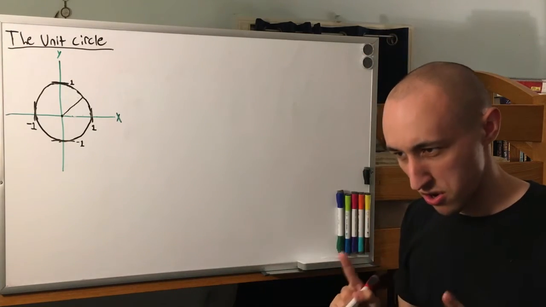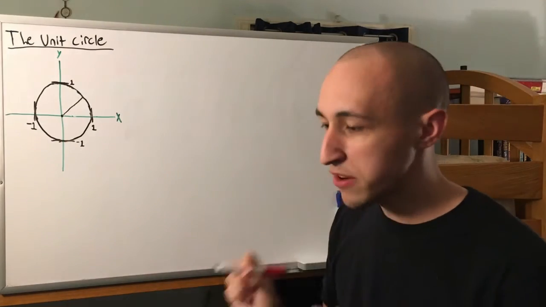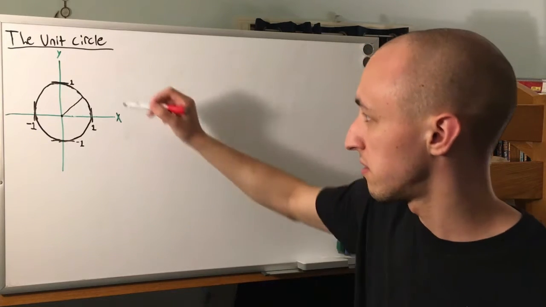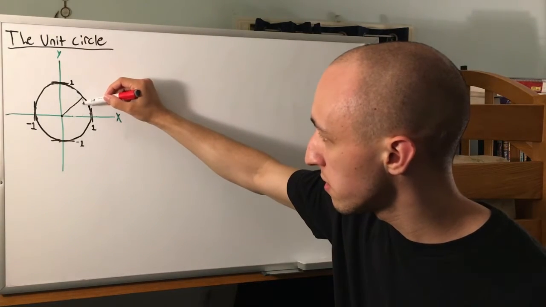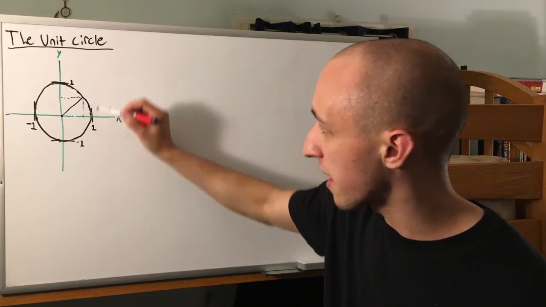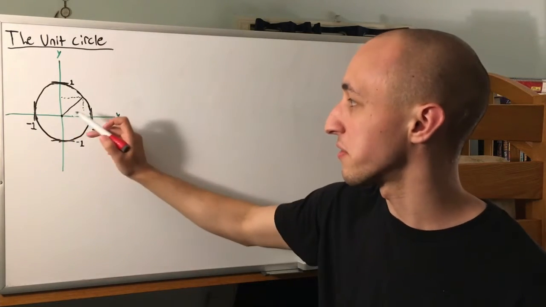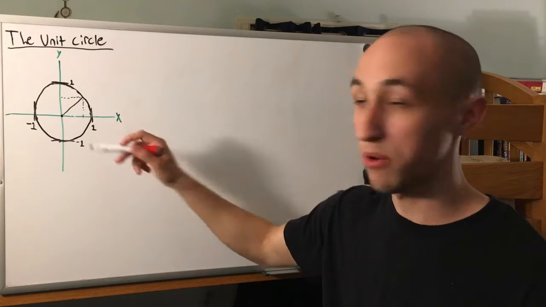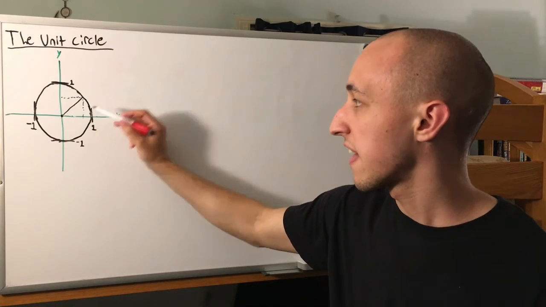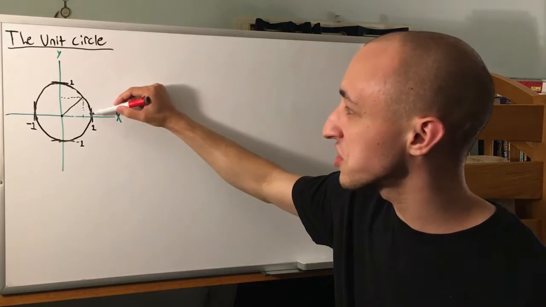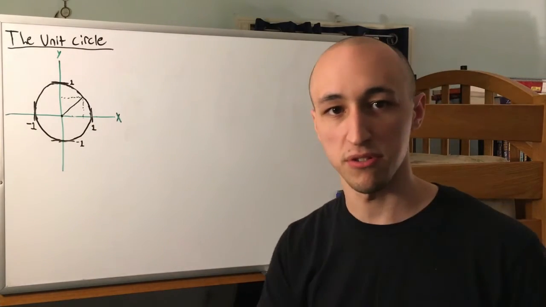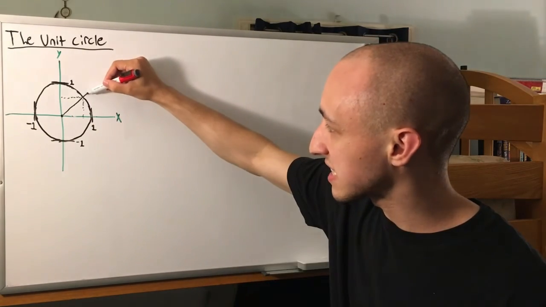What we want to know is, can we transfer? If we know things about the graph, such as the y value or x value of this line or the slope, can we know the fraction of the unit circle that it takes out?